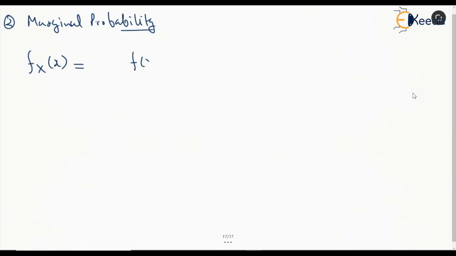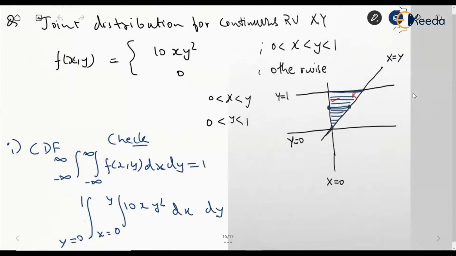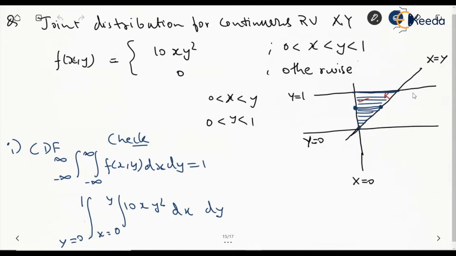So f of x comma y dy, the limits are minus infinity to infinity, right? But we will have to make sure that we are in the region in which this is defined. Fine. So what is the region it is defined? It is defined in this region.